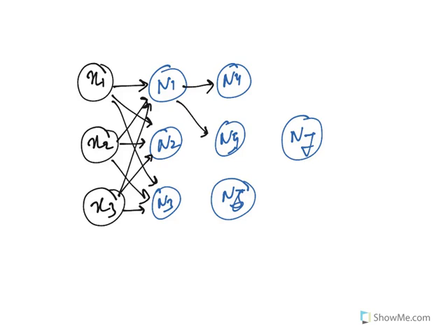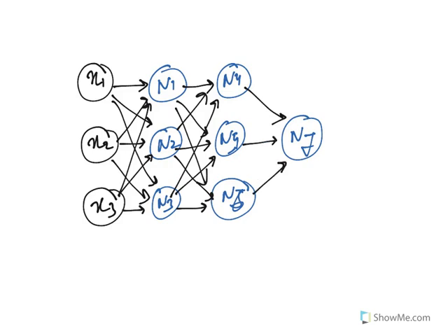And connect this as well, and this one, and eventually outputting here. So this is a fully connected layer, essentially a dense network, they're all connected to each other.